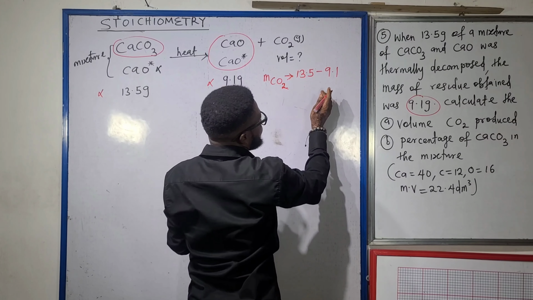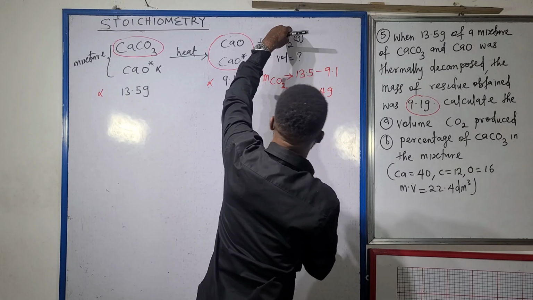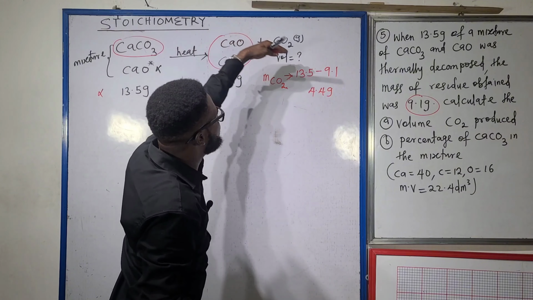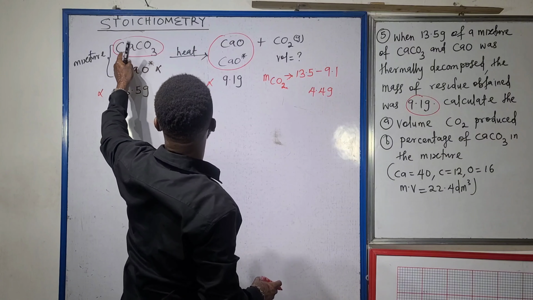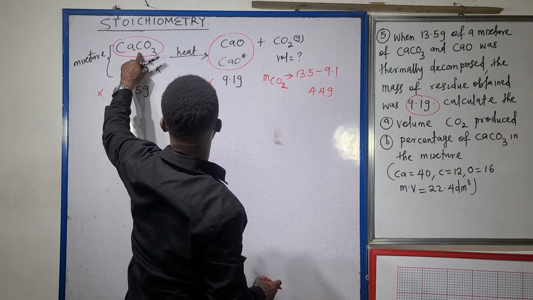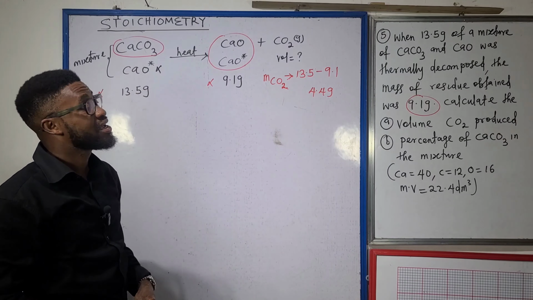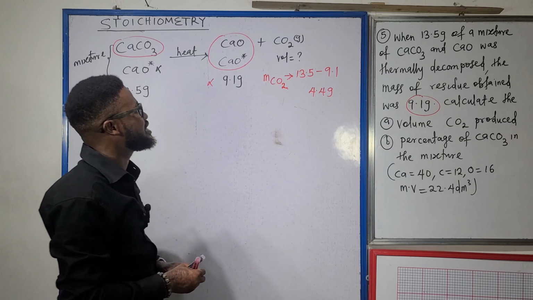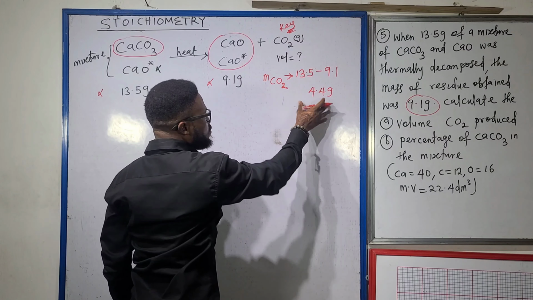So this should give me 4.4 gram. Because carbon dioxide is coming from a balanced chemical reaction, CaCO3 gives CaO plus CO2, it means I can then use this as my key, 4.4 grams.